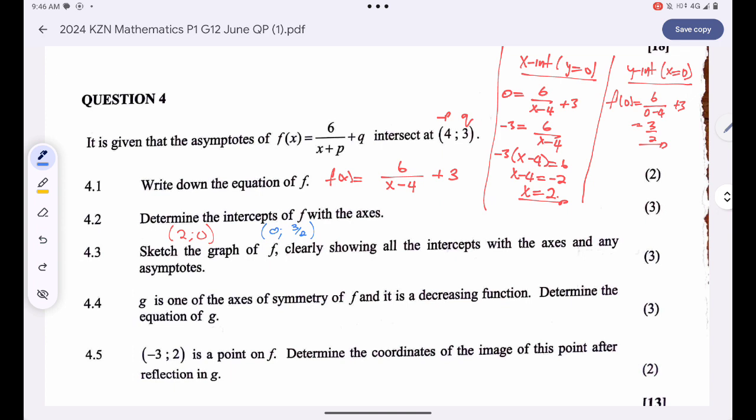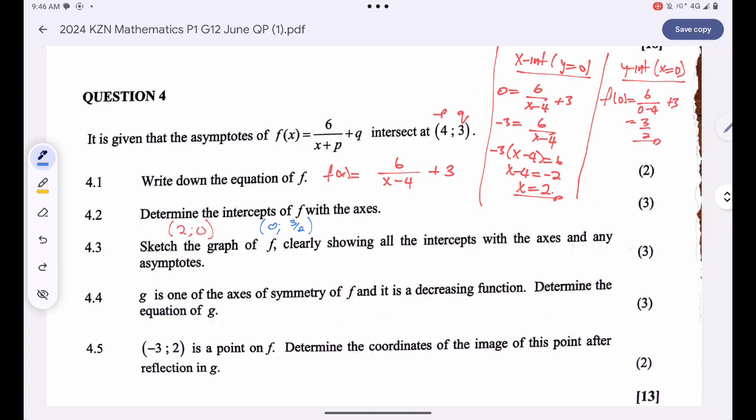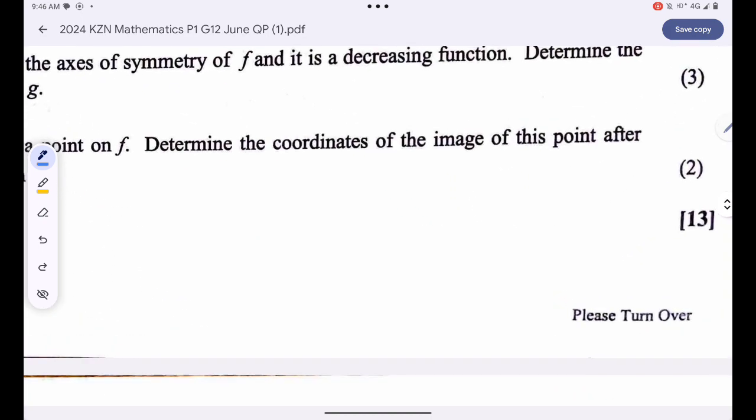Yeah? And then now I'm supposed to sketch the graph of f, clearly showing all the intercepts with the axes and any asymptotes. Okay, the graph of f will simply be like this. The x-axis and the y-axis. I was given the coordinates of my asymptotes.